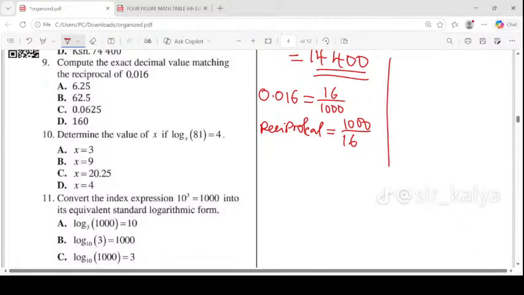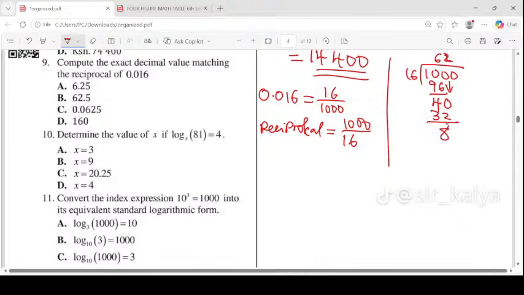Here we can even divide using long division. 1,000 divided by 16. 16 into 100 is 6 times, because of 96. When I subtract, I get 4. 16 into 4 is impossible, so I drop down the 0. 16 into 40 is 2 times, because of 32.